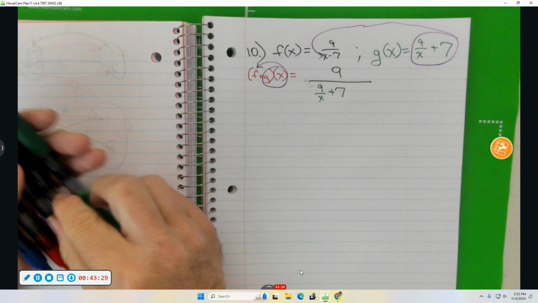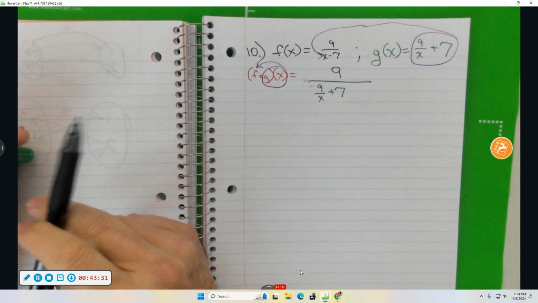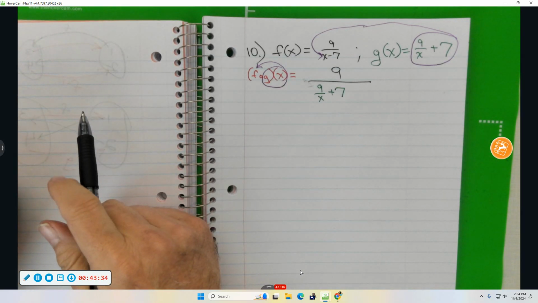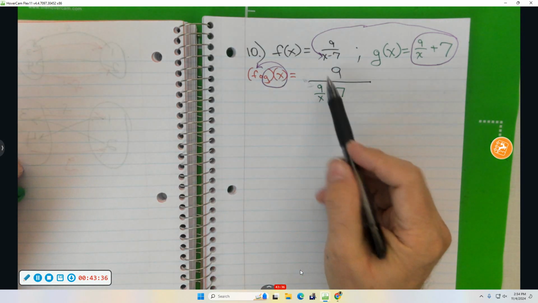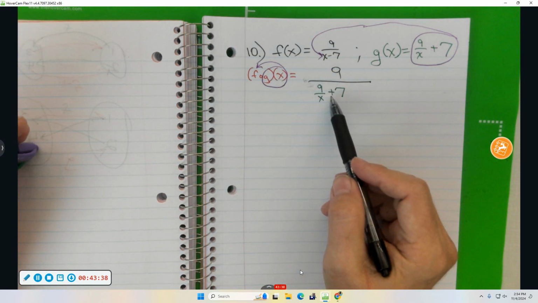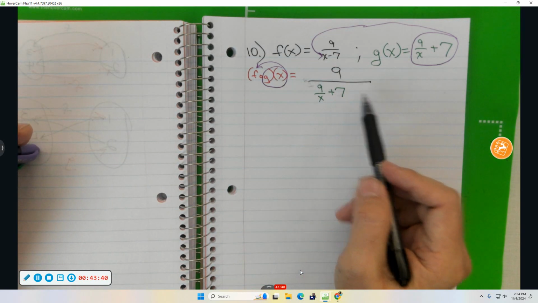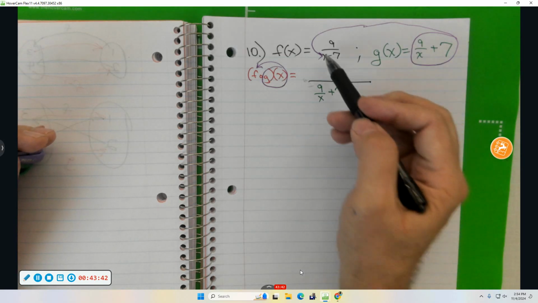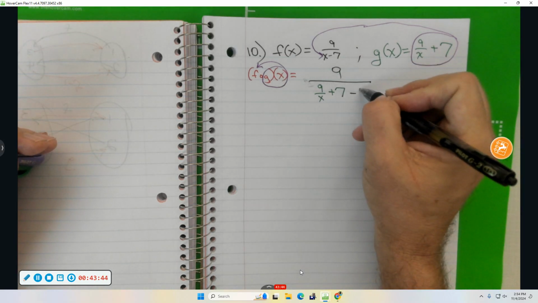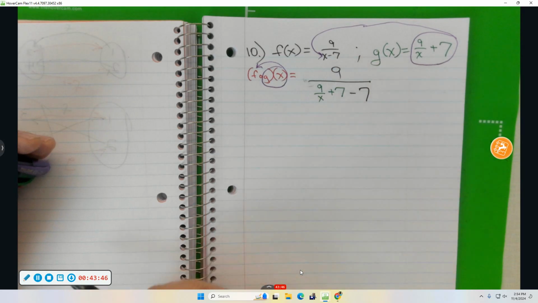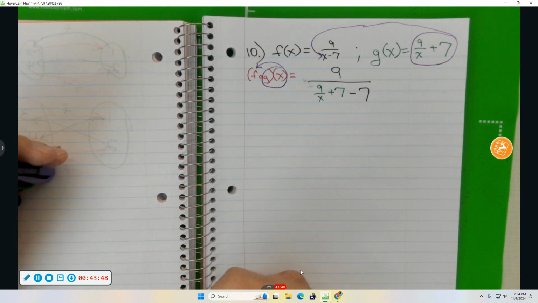And what else do we have stuck down there in the denominator? We replace that x with 9 over x plus 7. We have that minus 7 stuck on there too from the original function f of x. Any questions with what we've done there?